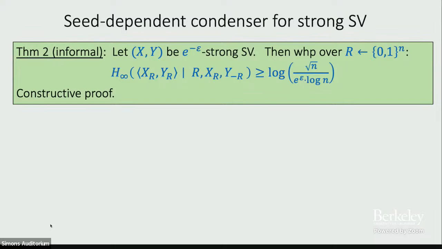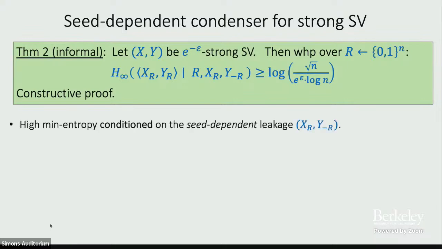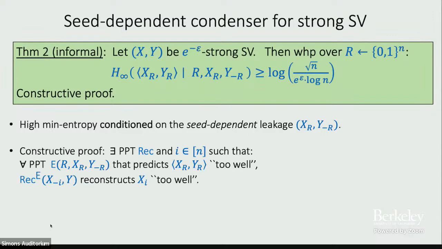This still has min-entropy. So this is CRS-dependent leakage, and still we can get some min-entropy.